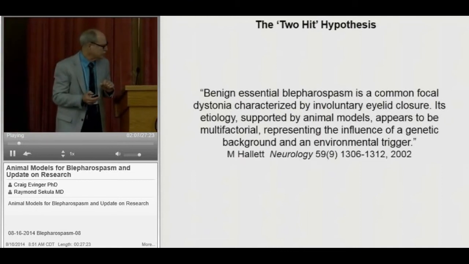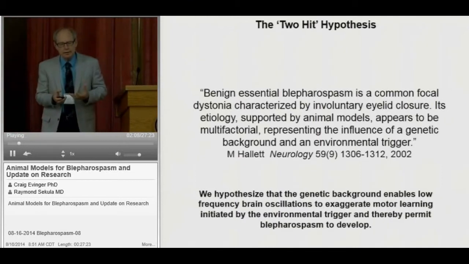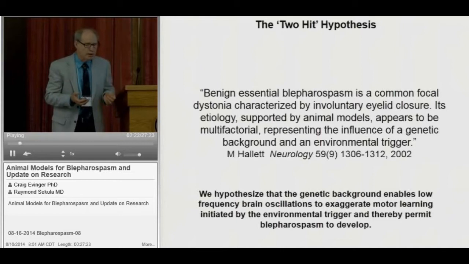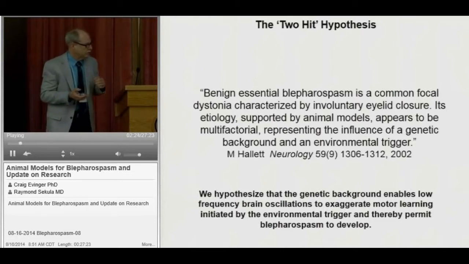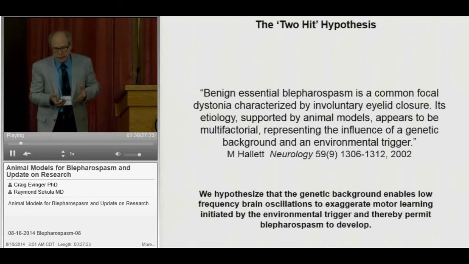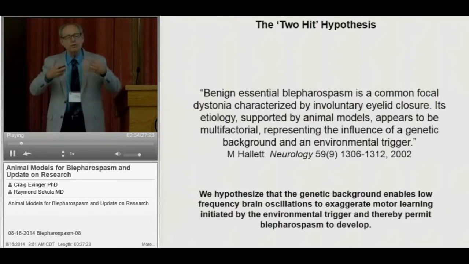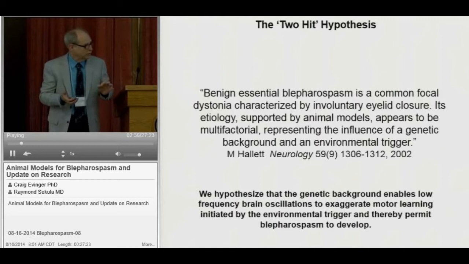The first, the genetic, as Dr. Hallett pointed out, has been very hard to find. There haven't been any obvious gene changes, but we think that this genetic background, whatever the genes are that are involved in it, create low-frequency brain oscillations which exaggerate motor learning. And when an environmental trigger occurs in that environment, motor learning gets exaggerated and leads to spasms of blepharospasm.